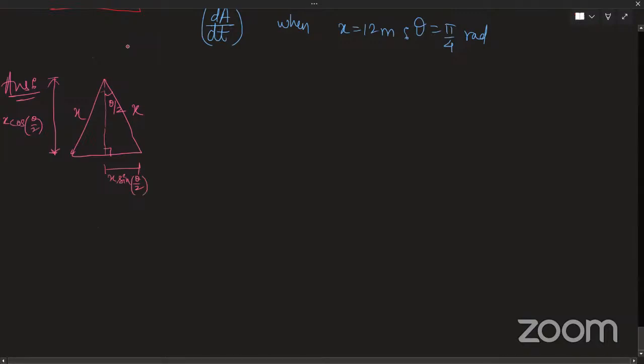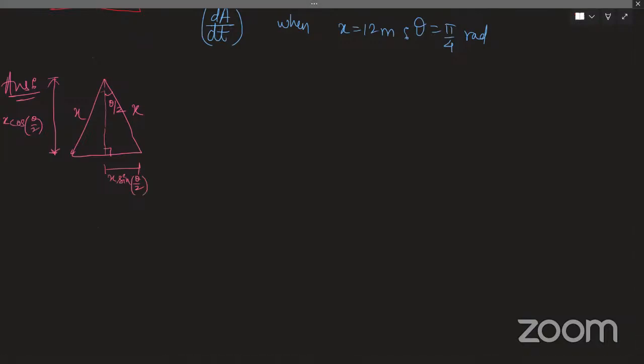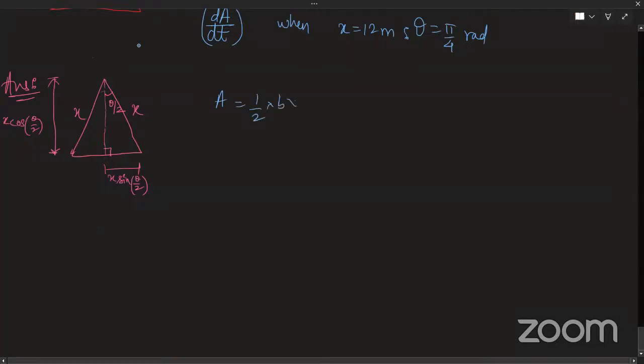Area is half into base into height. Base will be 2x sine theta by 2, and height is x cos theta by 2. So the 2 will get cancelled, and it will be x square sine theta by 2 into cos theta by 2.